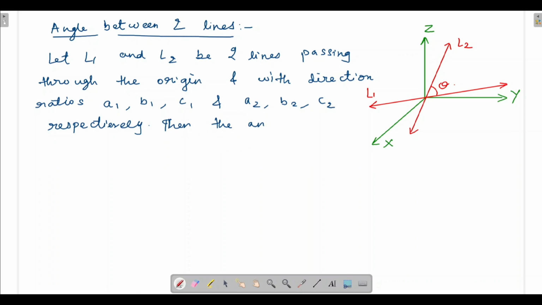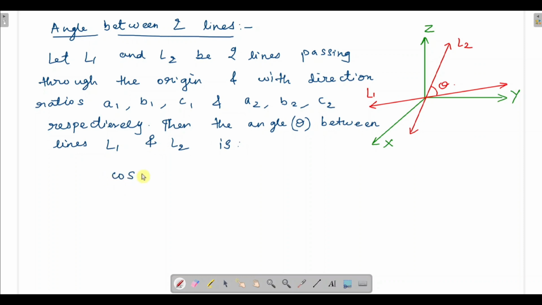Then the angle theta between lines L1 and L2 is, so first formula is in terms of cos.